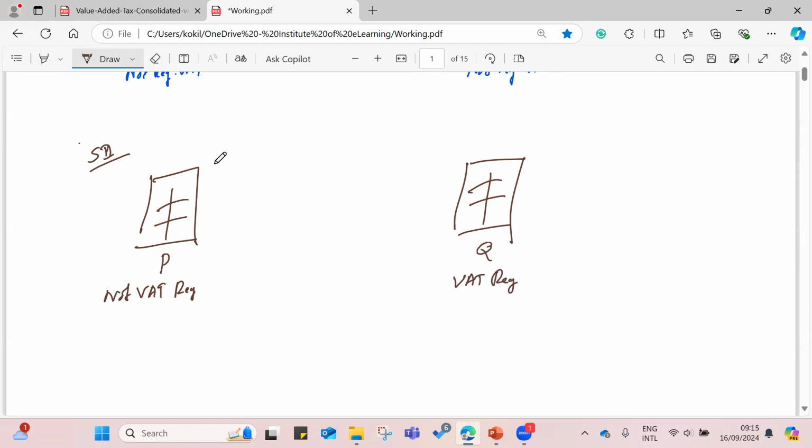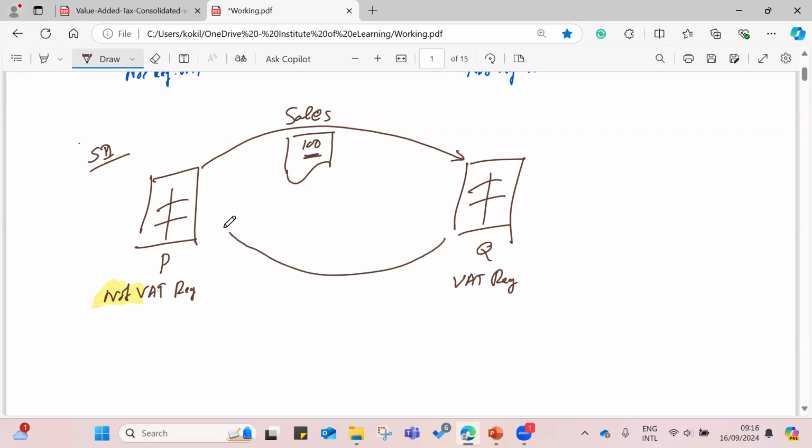When company P issues an invoice based on their sales to Q, do they need to issue a tax invoice? No, because they are not registered for it, right? They will issue a normal invoice, 100 only.